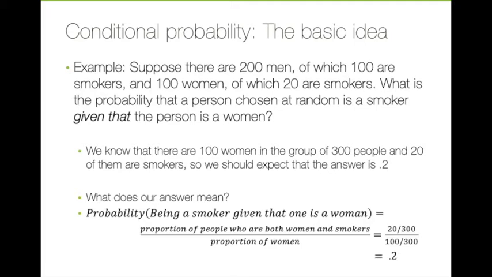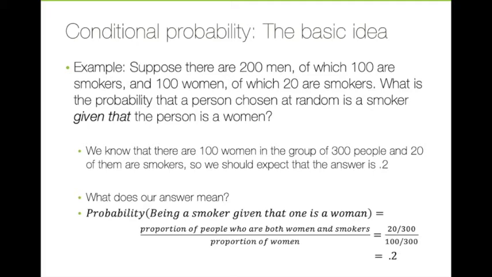Let's look at an example to give you a bit of an intuitive feel for how conditional probabilities are determined. Suppose there are 200 men, of which 100 are smokers, and 100 women, of which 20 are smokers. What's the probability that a person chosen at random is a smoker, given that the person is a woman?